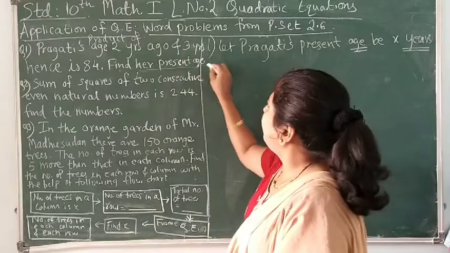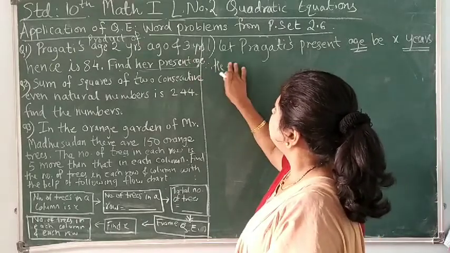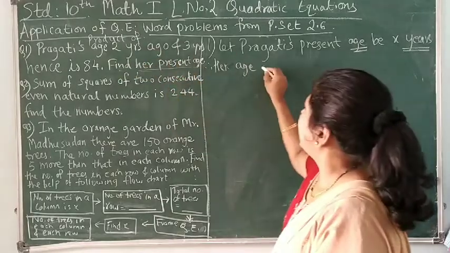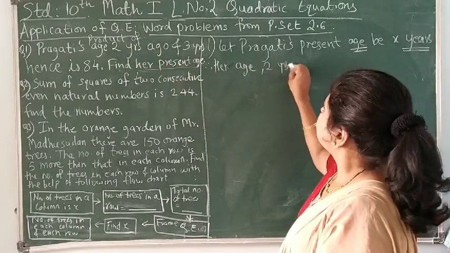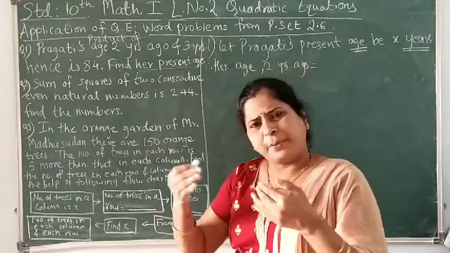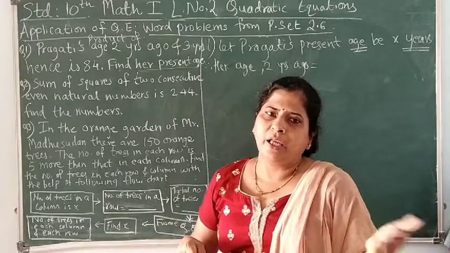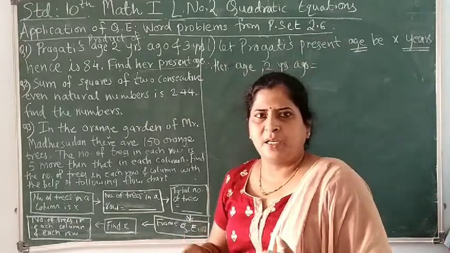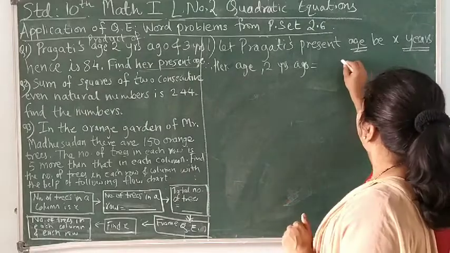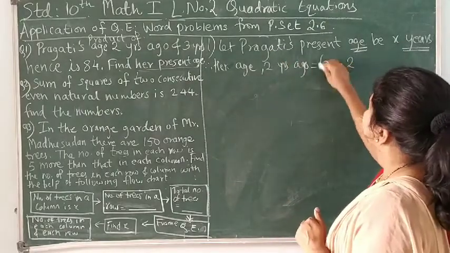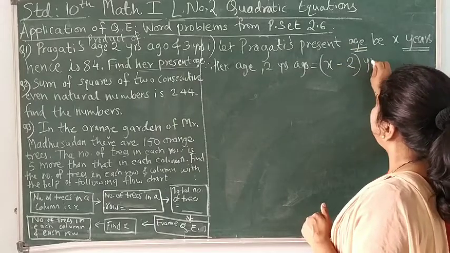Therefore, her age 2 years ago. Ago means before. Whatever your present age, if you want to know your age 2 years before, you have to subtract 2 from your present age. That's why we subtract 2 from Pragati's present age x. So x minus 2 years.